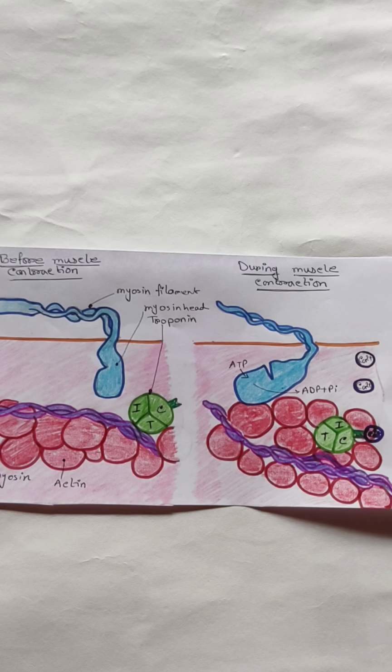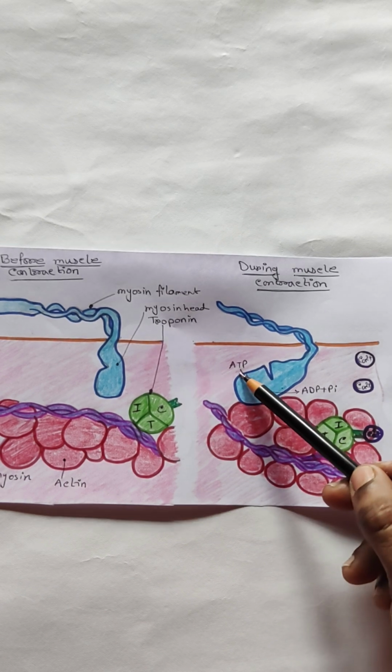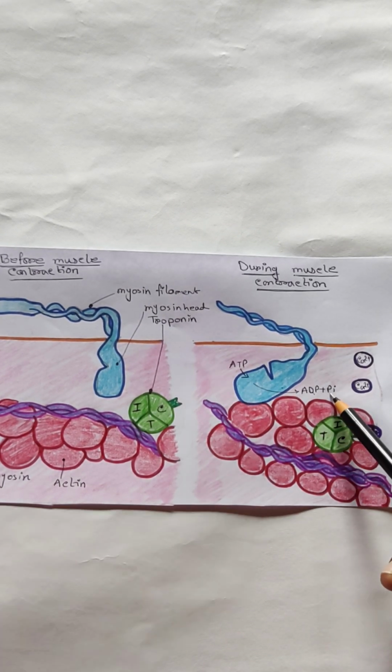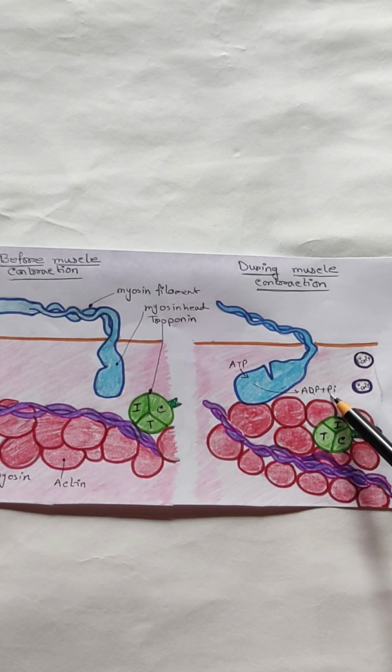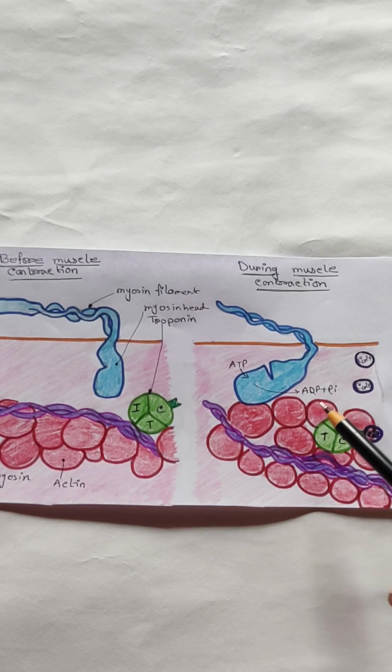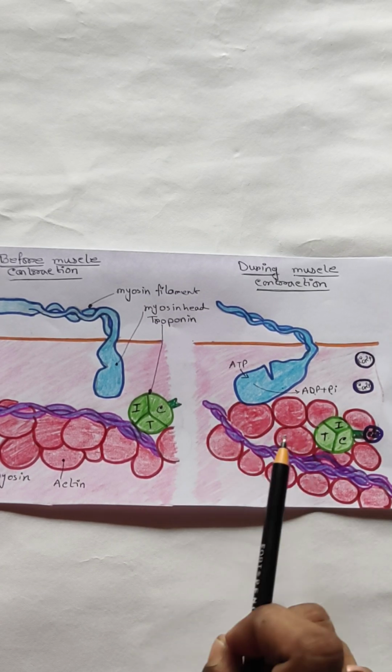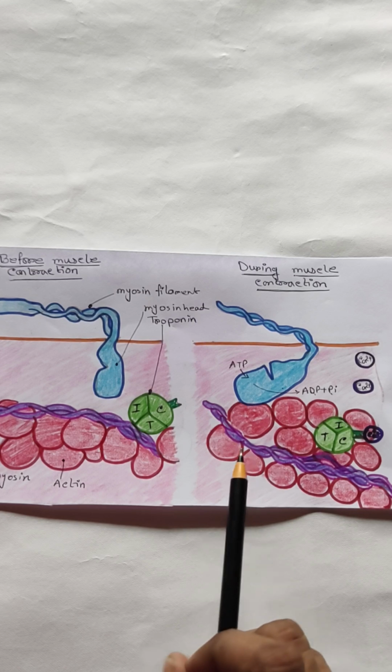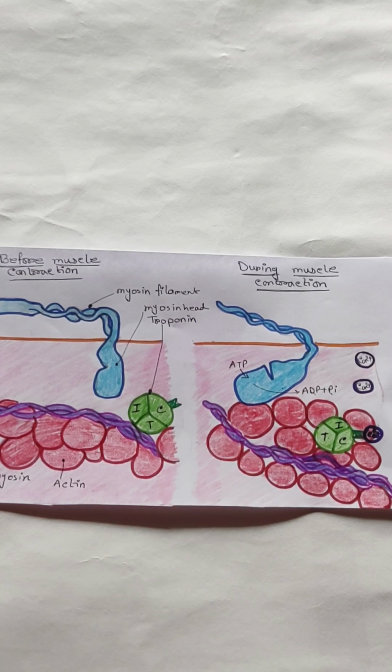This uncovers the active site of the actin molecule to permit the binding of the meromyosin head to the actin. Now, ATP hydrolyzes to form ADP and inorganic phosphate and releases energy, and this energy stimulates the formation of actin-myosin complexes between the heads of myosin and the active site on the actin filament. Due to interlinking, the heads are tilted.